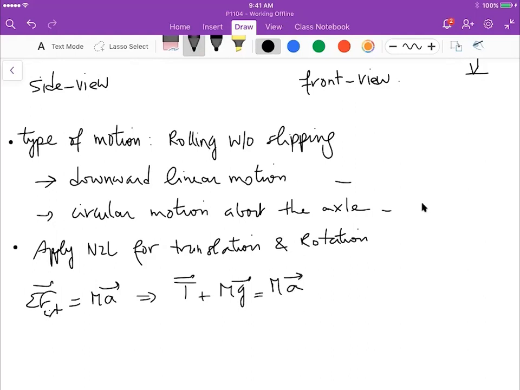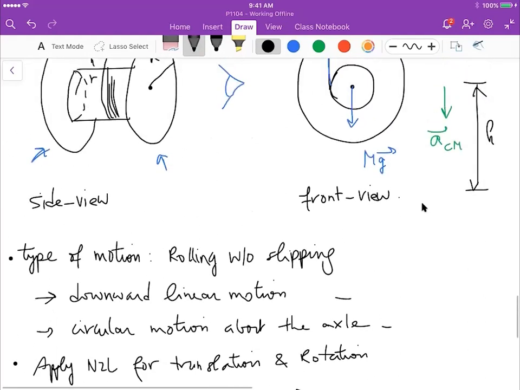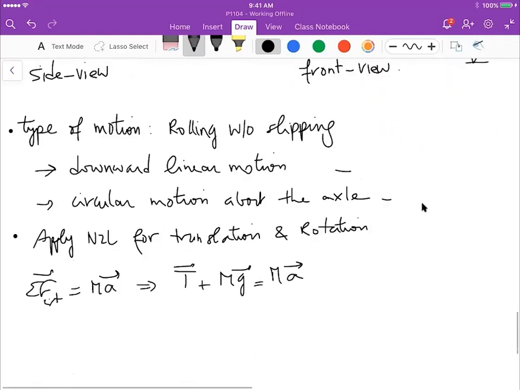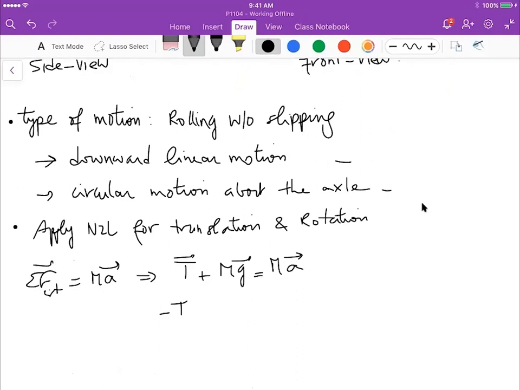Now if we make the projection, we will take the direction of a to be the positive direction, so we get minus T plus the mass of the yo-yo. They told us that this yo-yo is composed of three parts: two circular plates of mass small m plus an axle of negligible mass. So if we set capital M equal to 2m, because this is the mass of the yo-yo, the mass of the 2 discs plus the mass of the axle, which is 0.